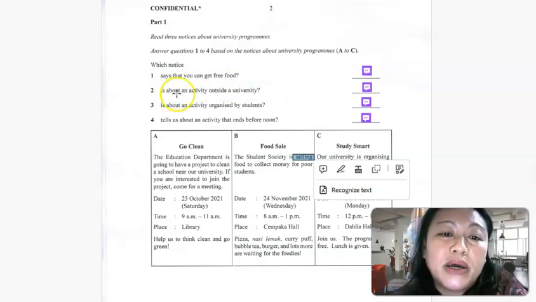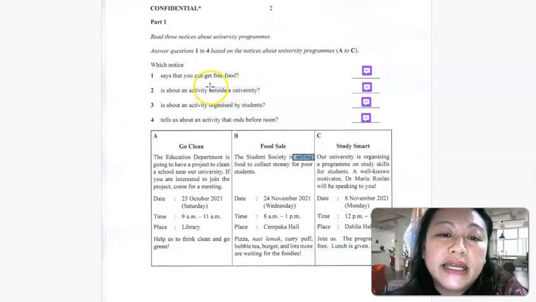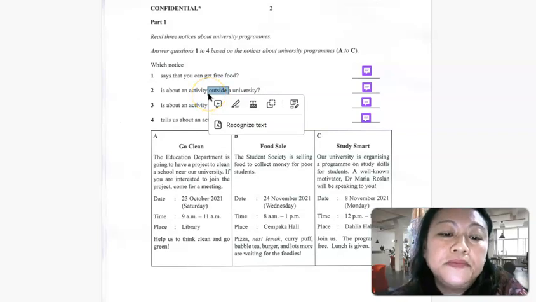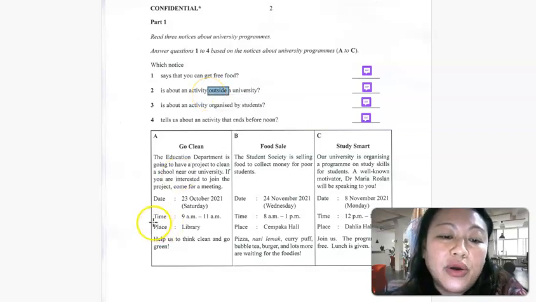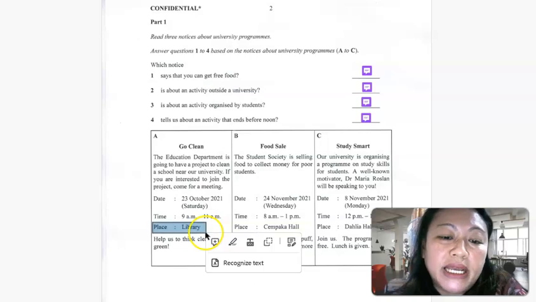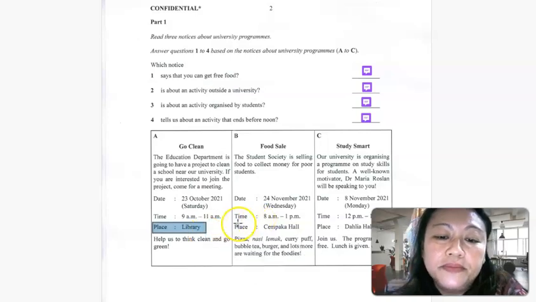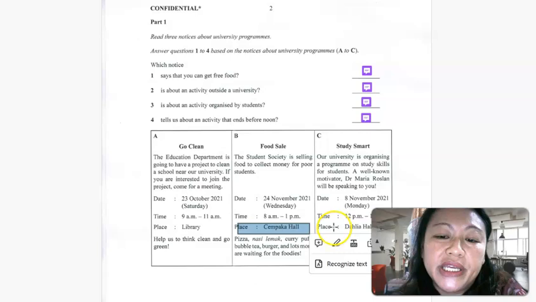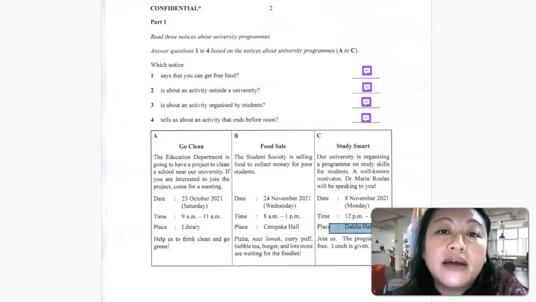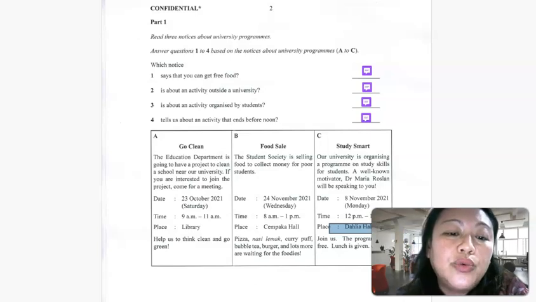The next one is about an activity outside the university. So when you talk about outside, you are looking at the place in which it occurs. Immediately, your eyes will go straight to a place which is library here, Cempaka Hall over here, and Dahlia Hall over here. However, after reading carefully, you would find the answer over here.